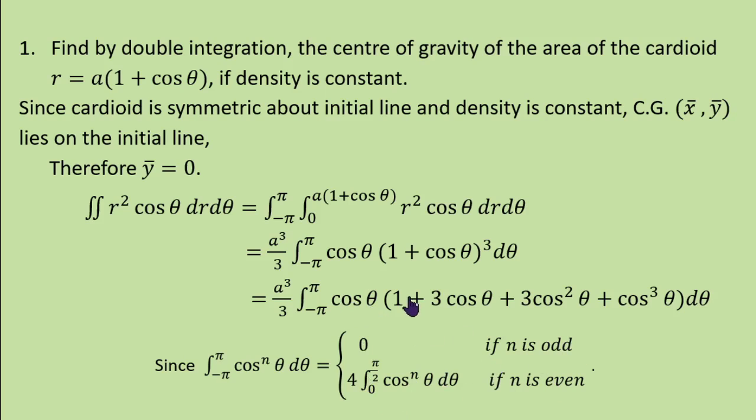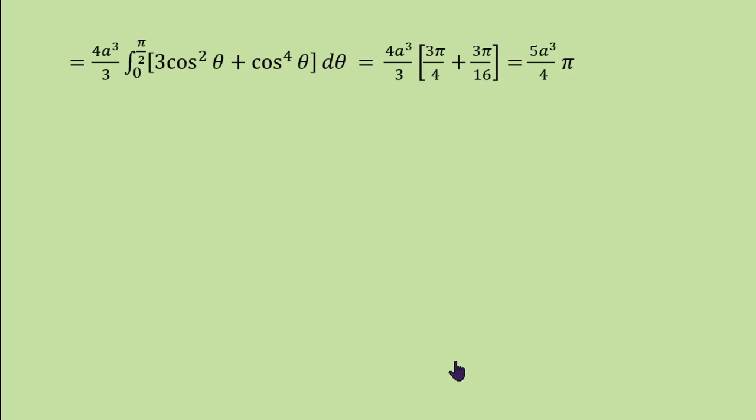Therefore the integral of cos theta from minus pi to pi is 0, and of cos cube theta from minus pi to pi is 0. So you are going to integrate only 3 cos square theta and cos power 4 theta, that is 4 times 0 to pi by 2 of 3 cos square theta plus cos power 4 theta d theta.